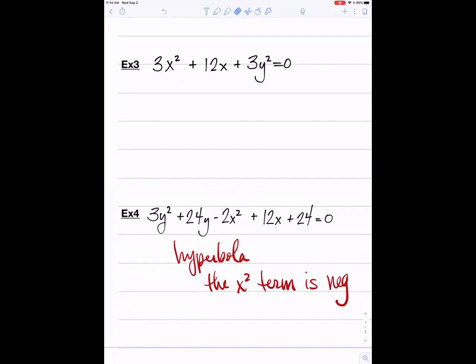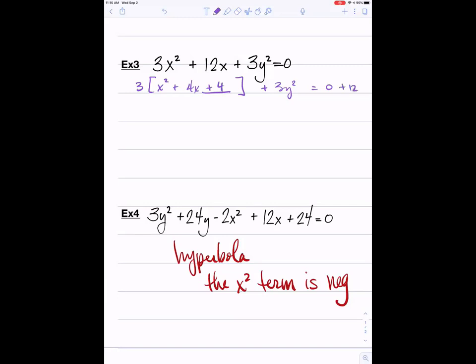What would you do if we were going to get the standard equation? So I factored out a 3, and I would be left with, right? And so take half and square. So that's going to be a +4, and what am I going to add to the other side?